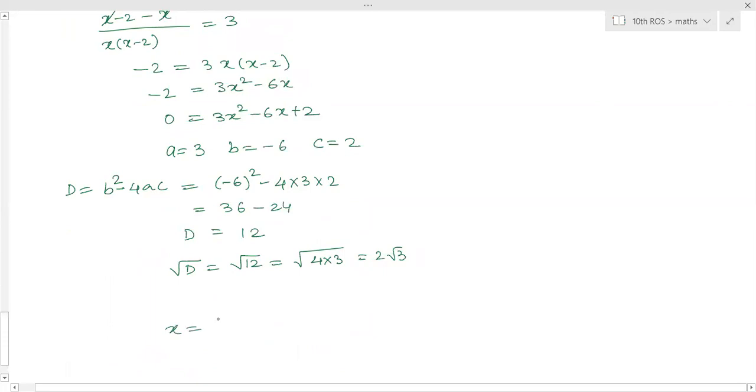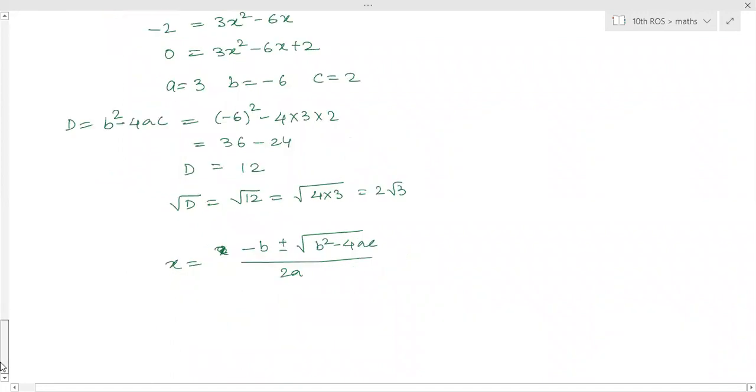Now we have the formula x is equal to minus b plus or minus under root b square minus 4ac by 2a. So substitute the values: minus of minus 6 plus or minus square root of b square minus 4ac, already calculated, that is 2 root 3, divided by 2 into a value 3, 2 into 3.